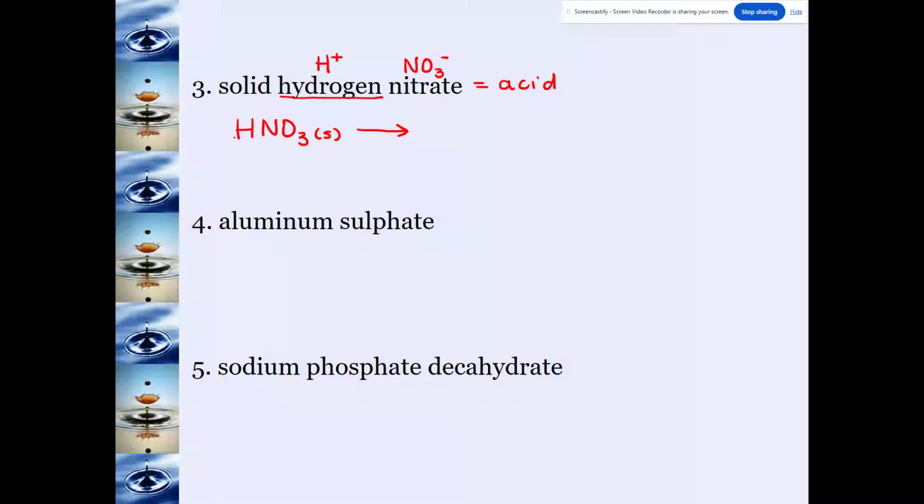Now remember, acids will ionize, so it will break apart into one free hydrogen ion because there's one hydrogen ion in the compound, and one free nitrate ion because there's no brackets around the nitrate, which means there's only one nitrate ion in that compound. And again, your ions are always aqueous and they have an ion charge, a positive and negative ion charge.